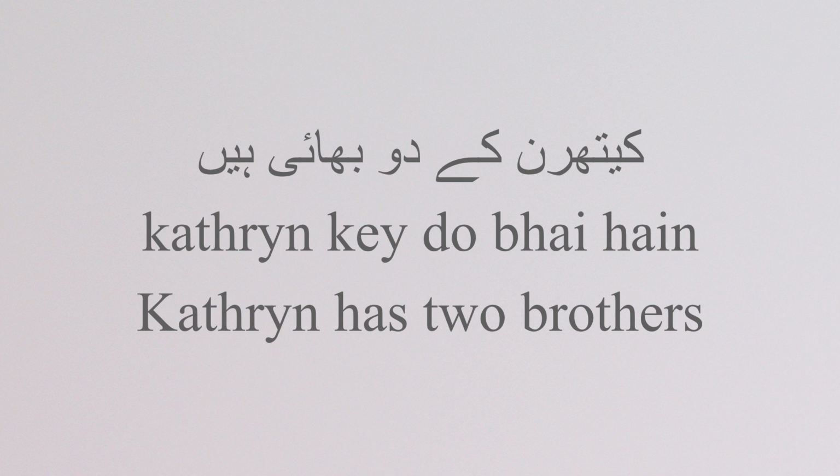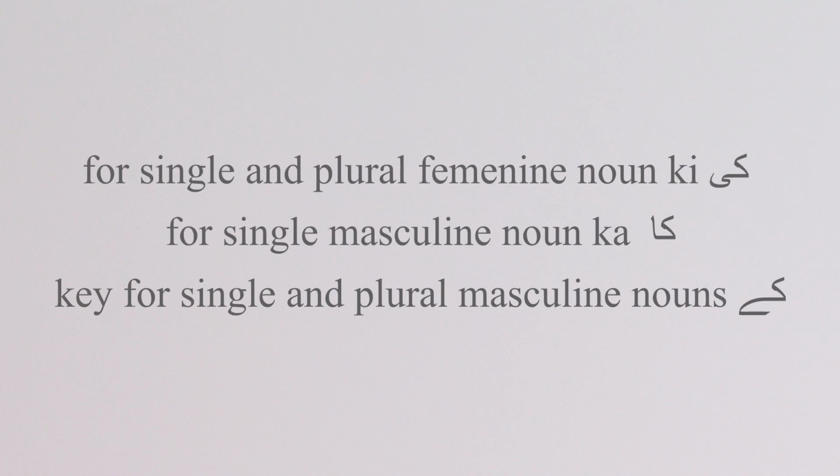So for men, there is ka and ke. Ka for singular masculine object and ke is for many brothers or many men. Whereas for female, singular and plural both are the same, which is ki.